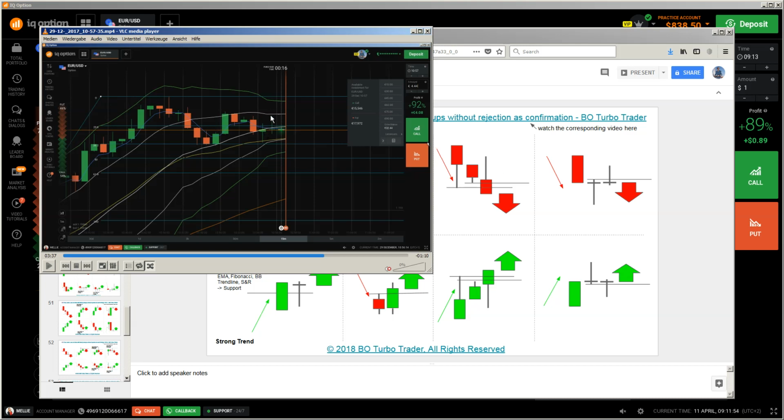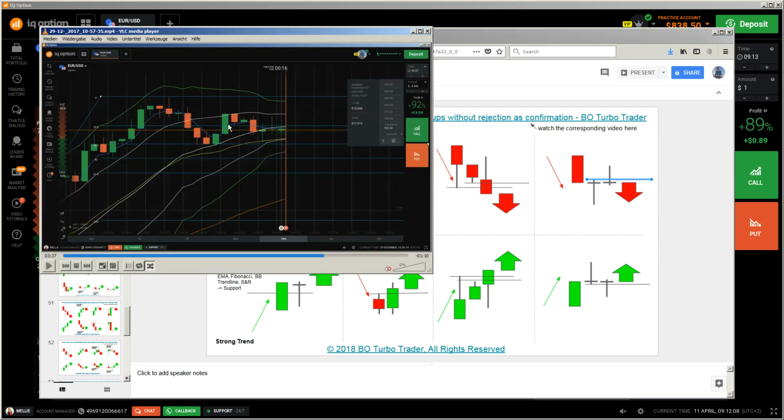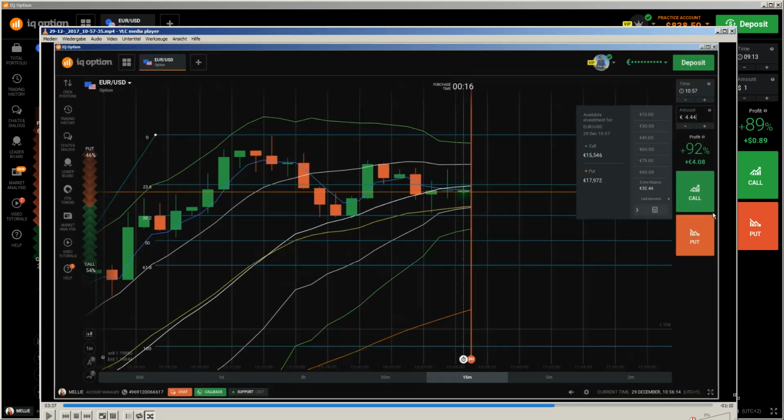And then we get a gravestone doji. This is the same scenario, and here you see this kind of wick. This wick is a resistance area, and you see it's coming together here with the 23.6 Fibonacci level. So let's see how it went.